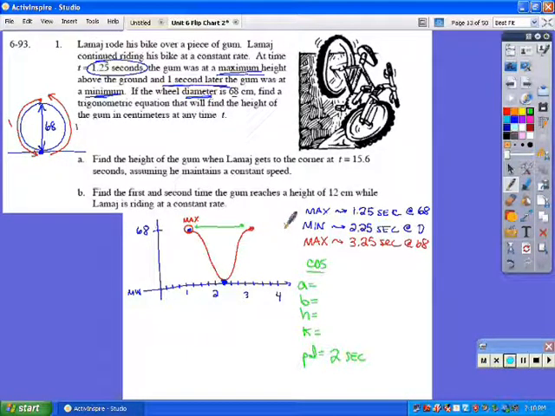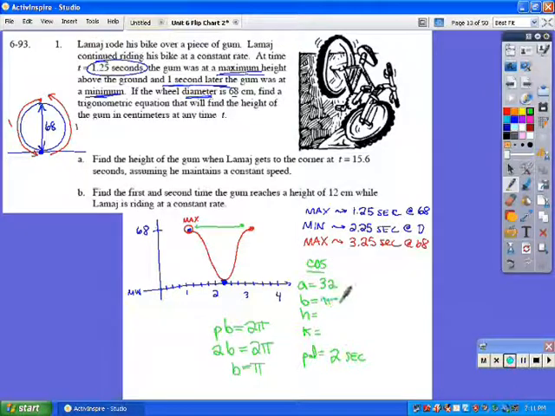Okay? We have an equation for amplitude. That would be your maximum minus the minimum divided by 2. So your amplitude is going to be 32. We have an equation for frequency, PB equals 2 pi. So if our period is 2, the only way that could be true is if our frequency is pi.